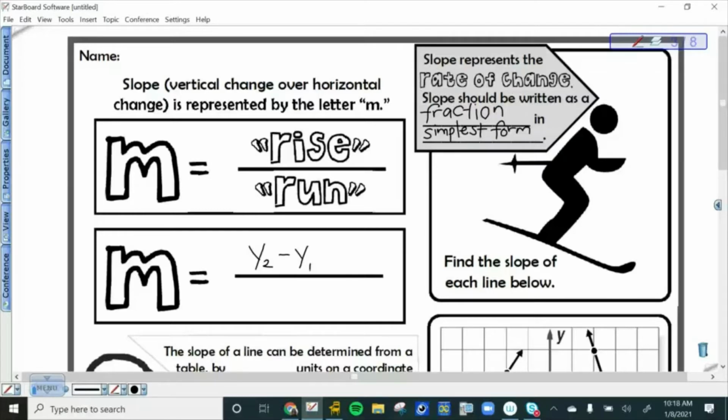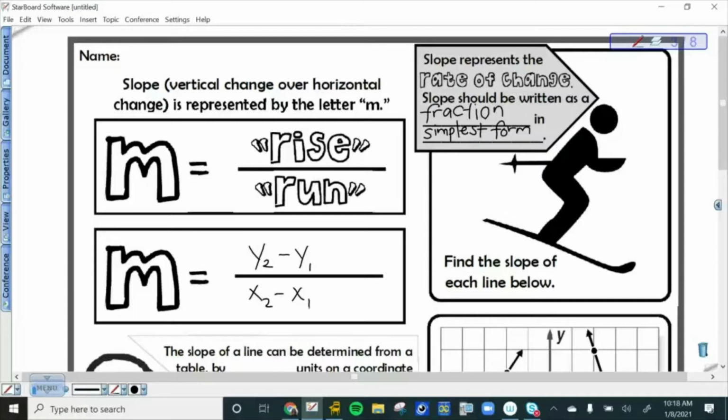And every y value, if that's representing the y coordinate of a point, is going to have a corresponding x value. So up here I have the change in y. That's my rise. That's the difference vertically. And in the denominator, I have the difference in my x values.